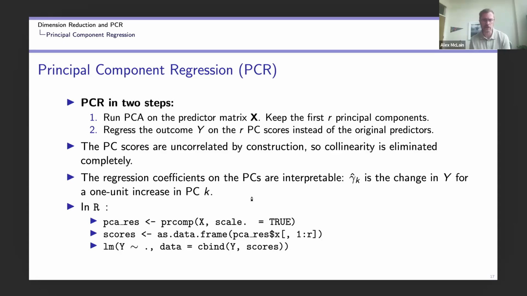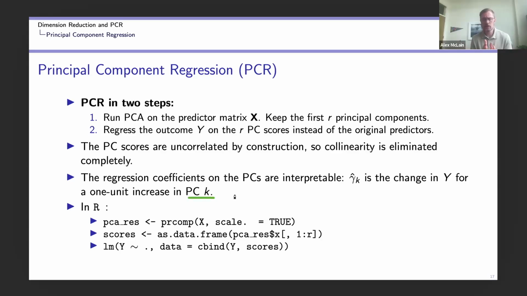The regression coefficients on the PCs are interpretable. So if you have a coefficient gamma k, it's the change in Y for a 1 unit increase in the kth principal component. And if this all works out well, we can connect those principal components to latent constructs in the data like cardiovascular aging or metabolic health.